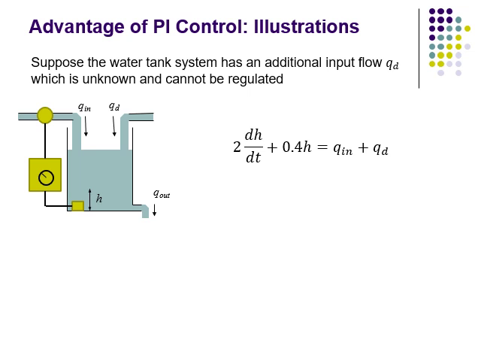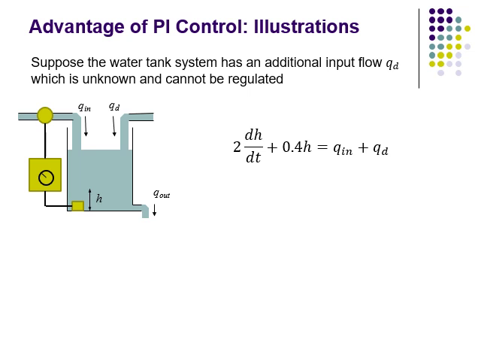So QD is an additional input flow, but QD is going to be unknown, or something that the flow rate cannot be changed, it cannot be regulated, so it behaves like an external disturbance.